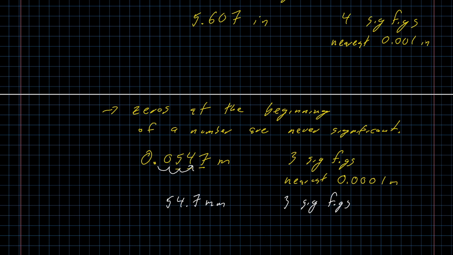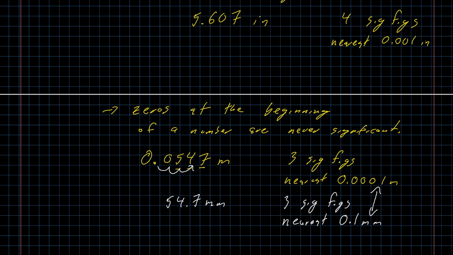The precision now is to the nearest 0.1 millimeter. And if you do the conversion, 0.1 millimeters is the same thing as 0.0001 meters. So the precision hasn't changed.